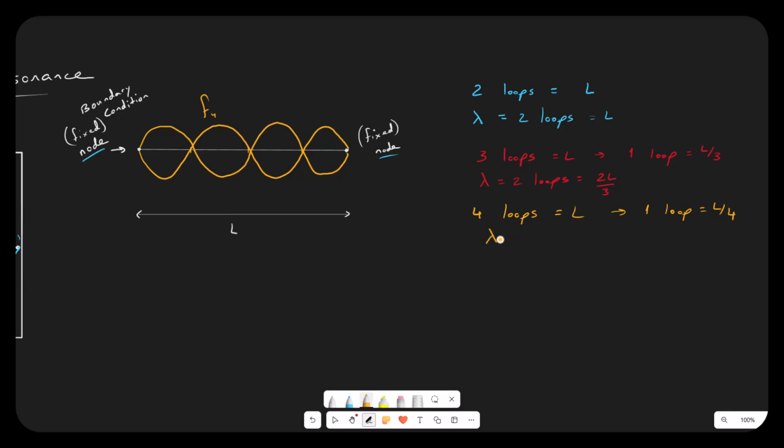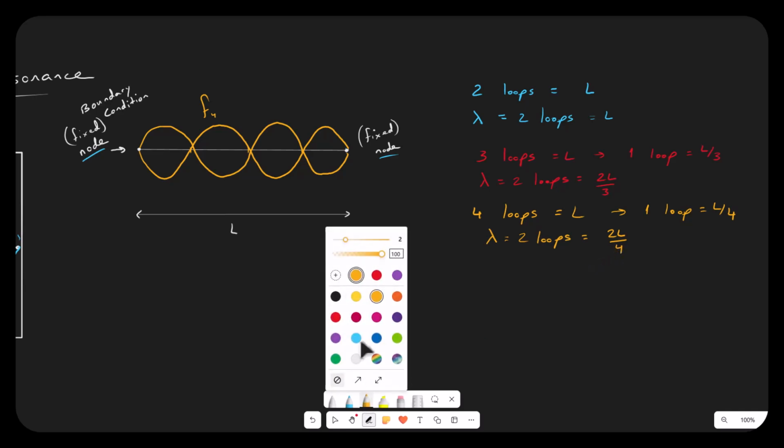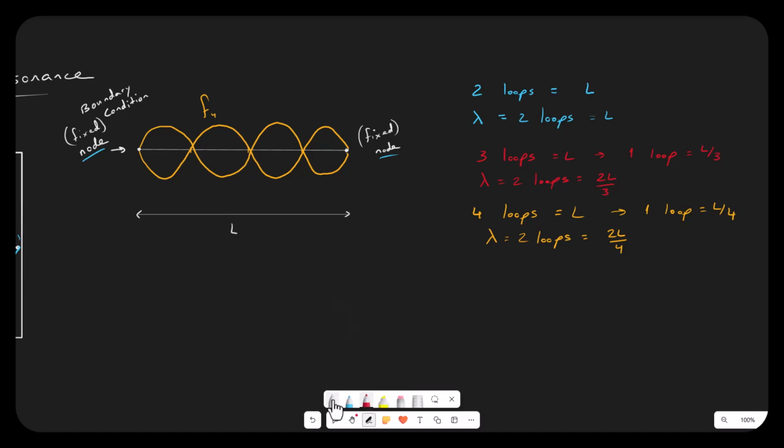My wavelength, which is always 2 loops, equals 2L over 4. And I'm sure that some of you will have written 2L over 4 as L over 2, just reduced the fraction right away, which your middle school math teacher would be very proud of.